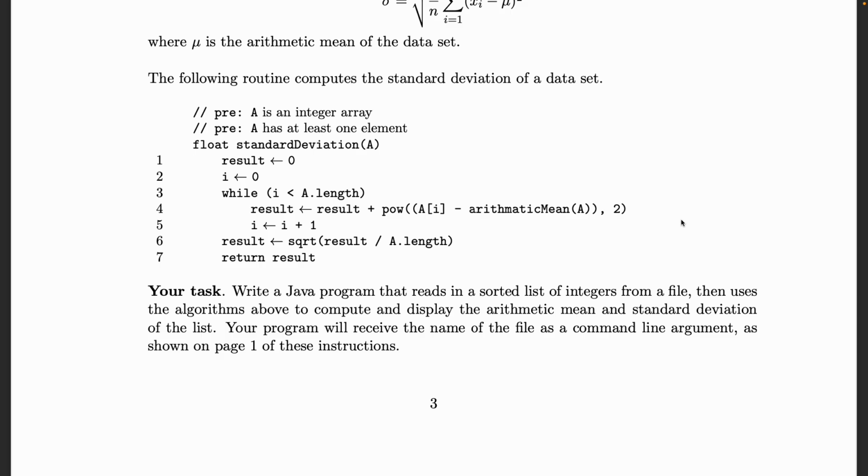In future assignments, you'll be writing much more complicated programs that take files as input. And this is sort of a practice, like warm-up assignment for the sake of making sure you know how to read files in a program.